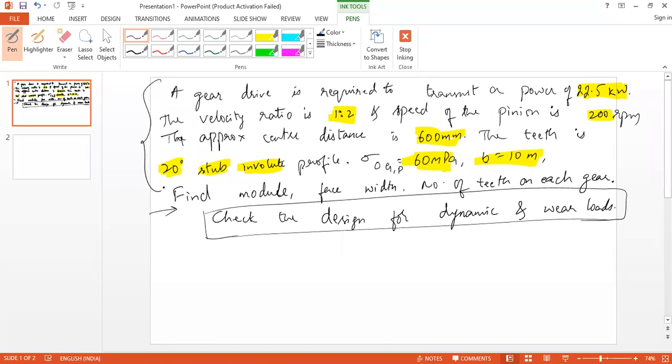Can you solve the first part of the question? Can you find the module, face width and number of teeth?